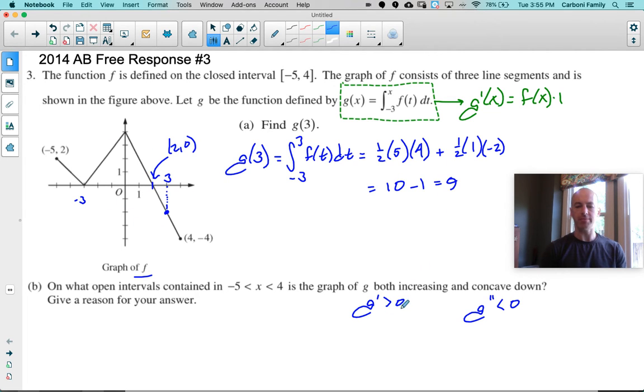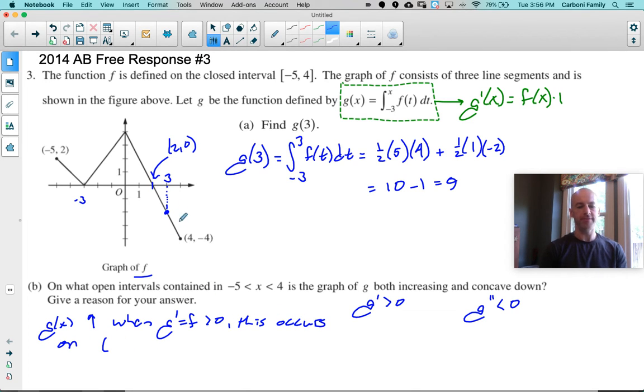So g prime is positive. And g prime is positive when f is positive, because way up here, I made the connection that g prime is f. So g increases when g prime, which is f, is greater than 0. And this occurs on the intervals.